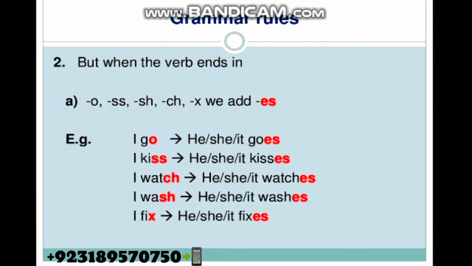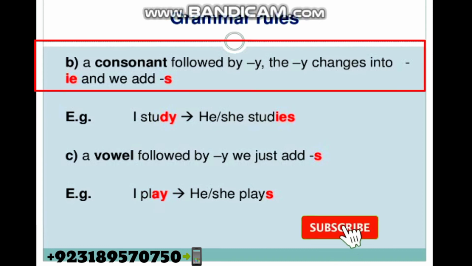I go is right, but when you use he, she or it, you will use es at the end of the verb because go ends with o. I watch, watch ends with ch. When you use he, you will say he watches, she watches. I wash, wash ends with sh. You say he washes, she washes, or it washes. Then we have I fix, so he fixes, she fixes, it fixes.